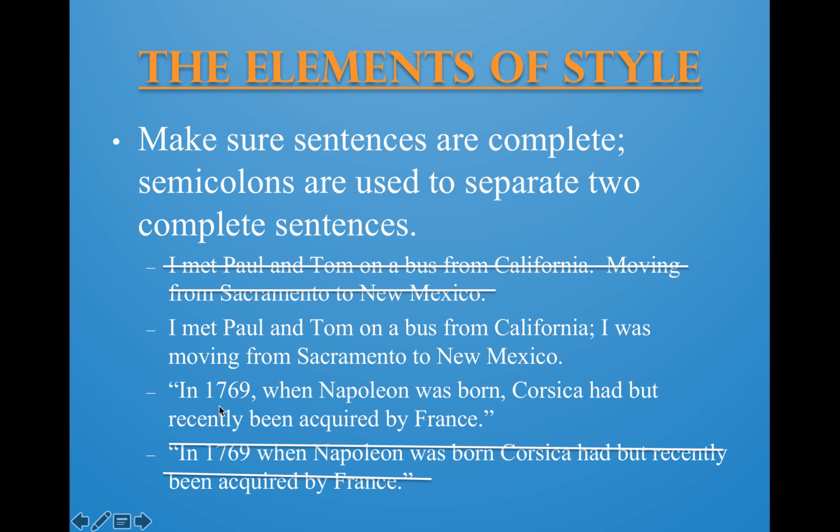In 1769, listen to this sentence. In 1769, Corsica had but recently been acquired by France. That sentence works completely fine on its own. It makes complete sense. But here we're adding that little bit of extra information. Napoleon was affiliated with Corsica. So that's why we're connecting the two. So in 1769, when Napoleon was born, Corsica had but recently been acquired by France.